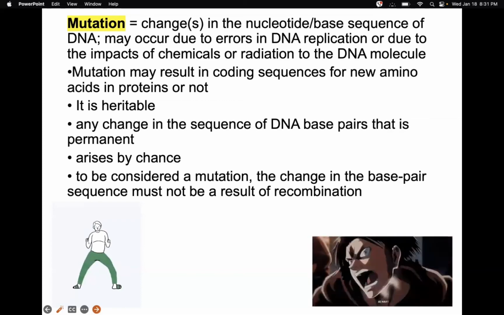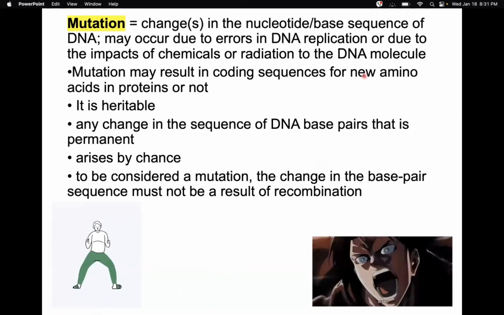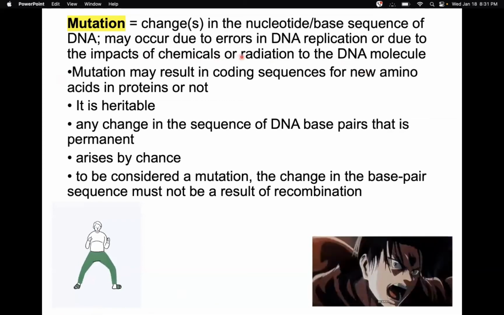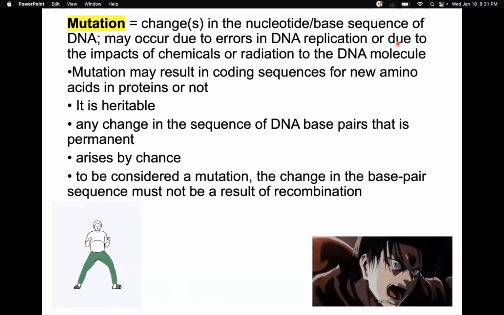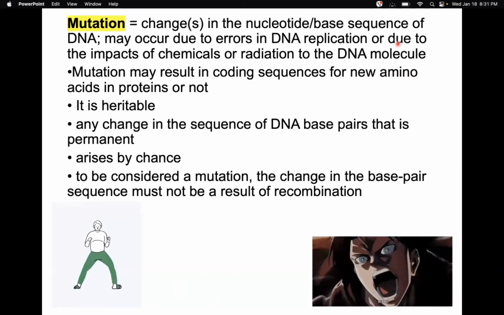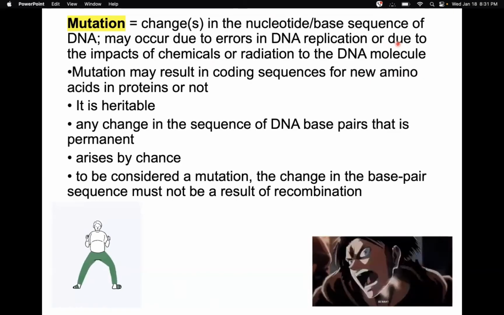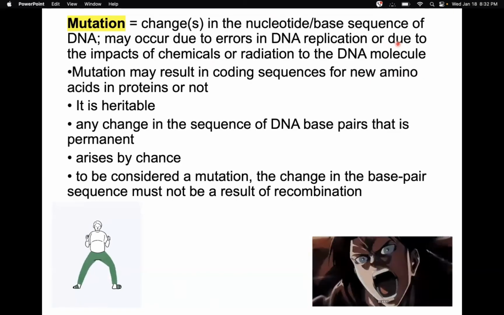It may occur due to errors in DNA replication or due to the impacts of chemicals or radiation on the DNA molecule. So you're very familiar with mutation since it was discussed during the COVID-19 pandemic.